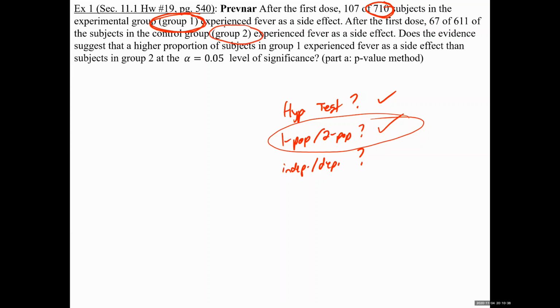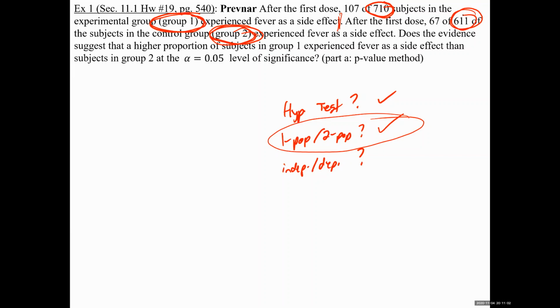Group 2 is also a sample. If you read the next sentence, it says after the first dose, 67 of 611 of the subjects in the control group, group 2, got a fever as a side effect. So group 2 is these 611 people that took the placebo. So group 1 and group 2 are samples. But stats questions are not supposed to be about samples, they're supposed to be about the population.